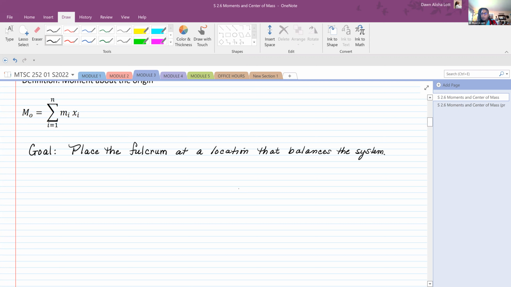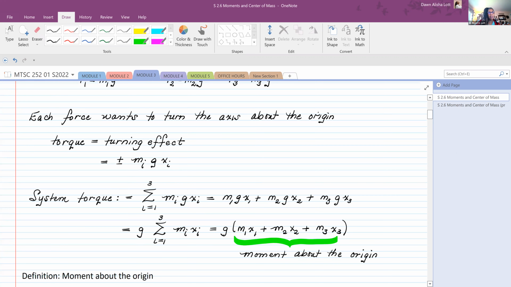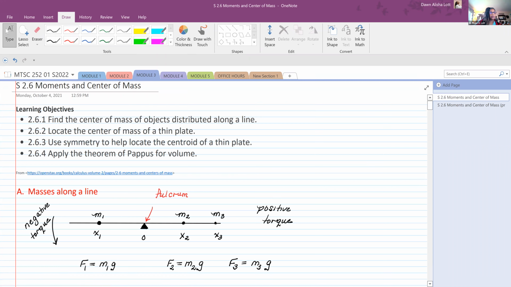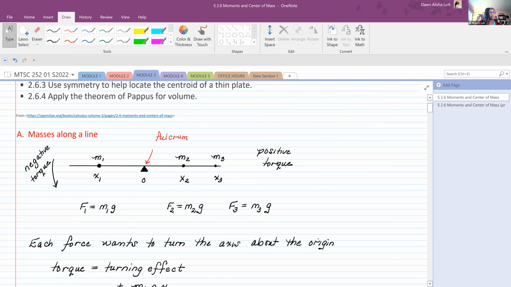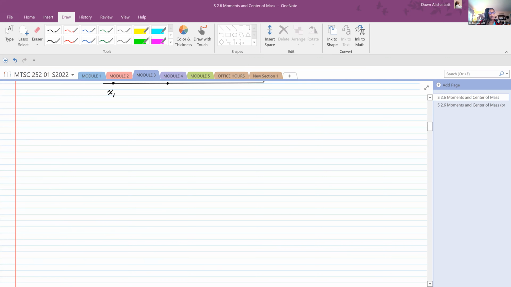Okay, so we have this thing. All right, we have these masses. So I have this mass, M1, here's X1. Okay, here's the origin. All right, did I have an origin on the other one? Oh, yes, I did. The origin was there because I assumed that one was balanced.